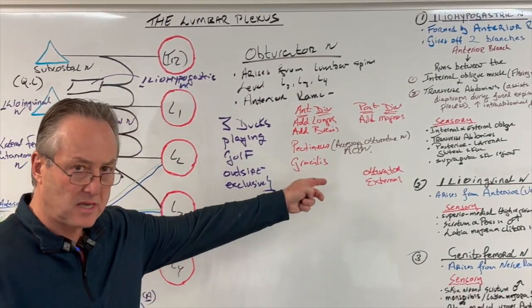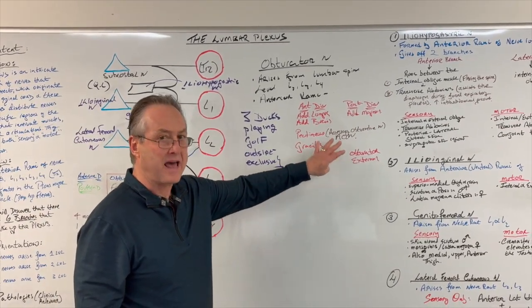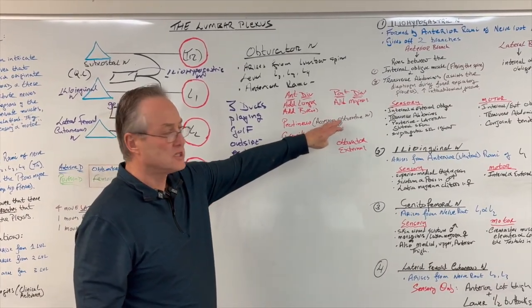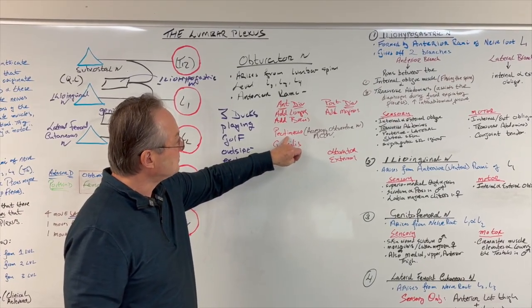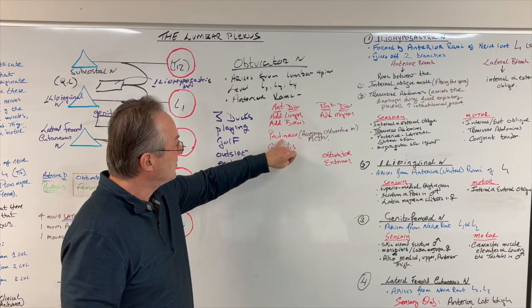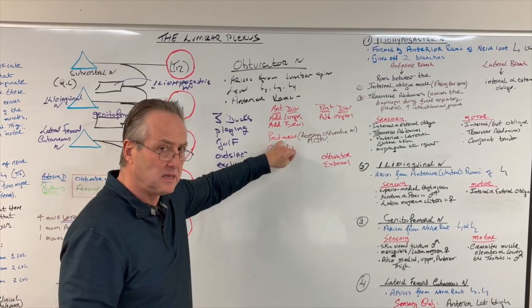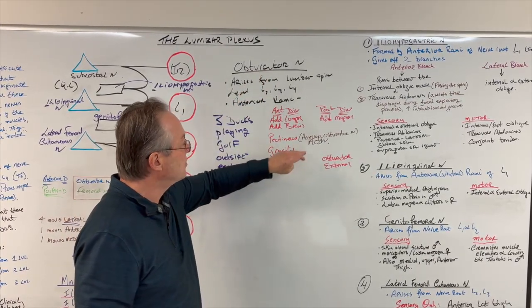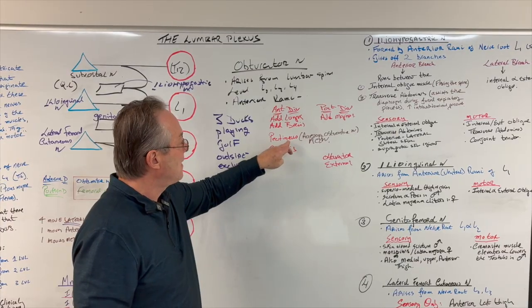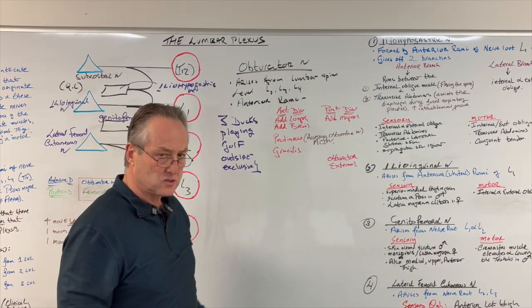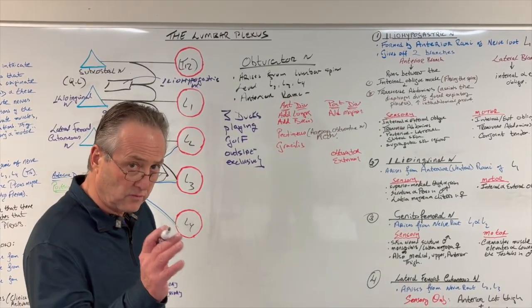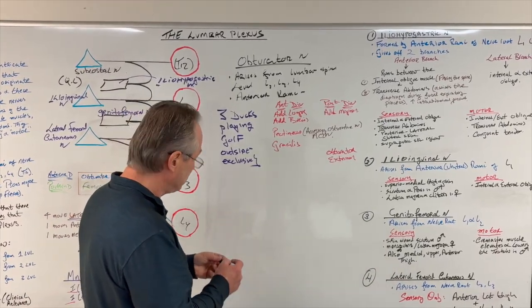But in 60% of cadavers, anatomists tell us, the accessory obturator nerve is not even there. So the pectineus can be innervated by the obturator nerve and by the accessory obturator nerve, but more times than not, you'll see that the pectineus is innervated by the femoral nerve, which we'll talk about next.